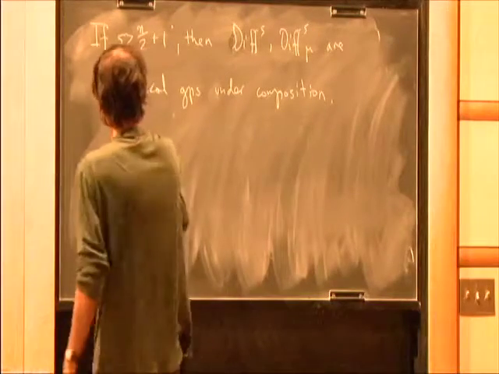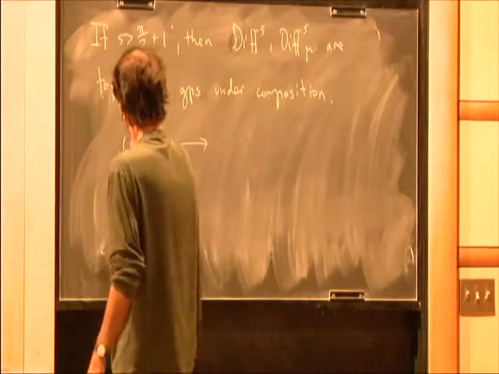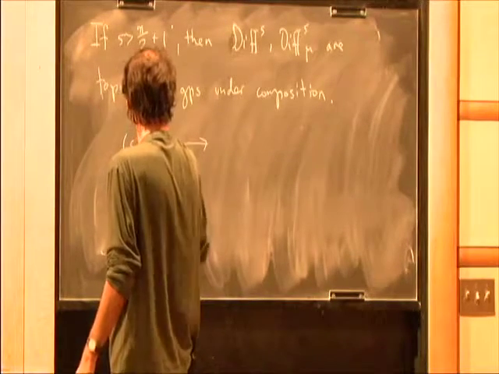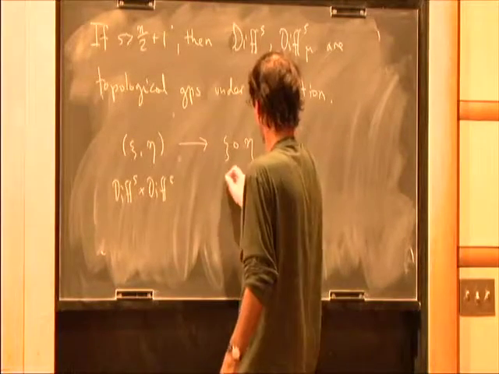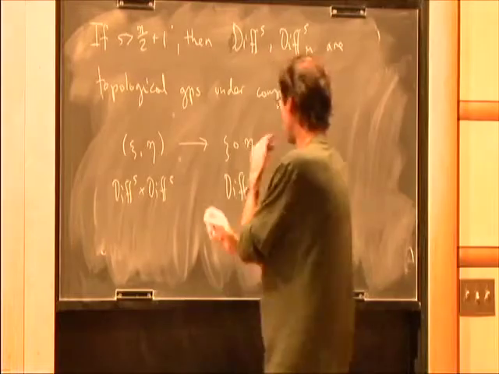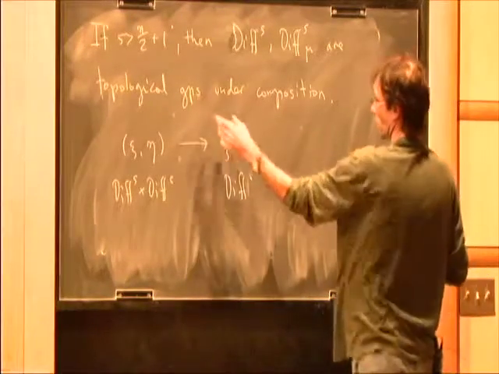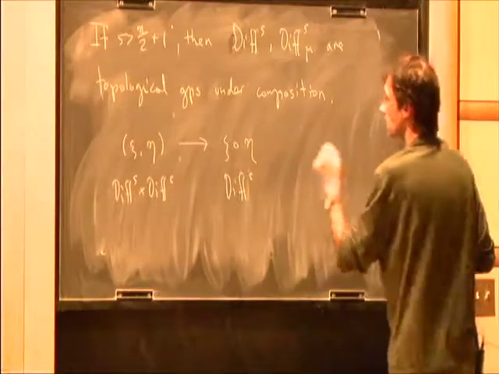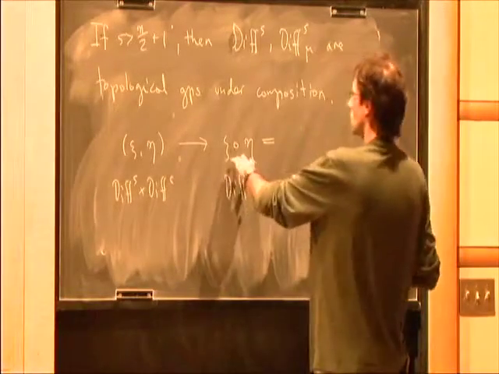If we look at the map (xi, eta) going from Diff^s cross Diff^s into their composition, I want this to be in Diff^s. This map is continuous in xi and eta, but it's not differentiable.